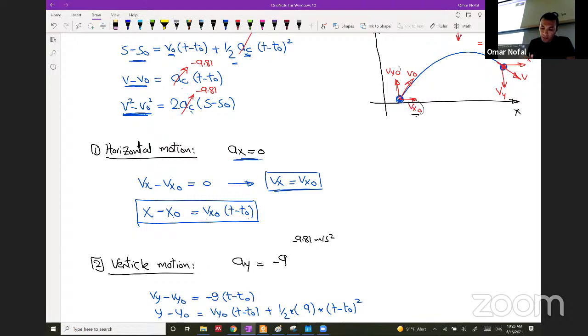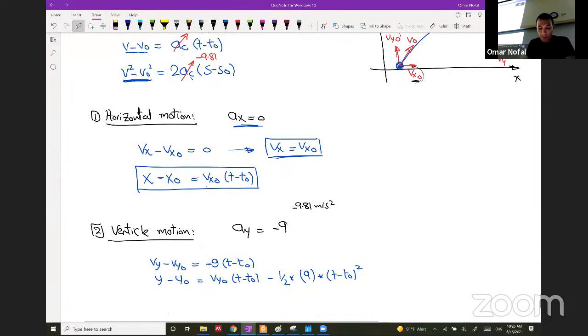You might remove the negative from here and put it here, whatever works for you. And the last one, vy square minus vy naught square, will be equal to negative 2 multiplied by g, multiplied by y minus y naught.